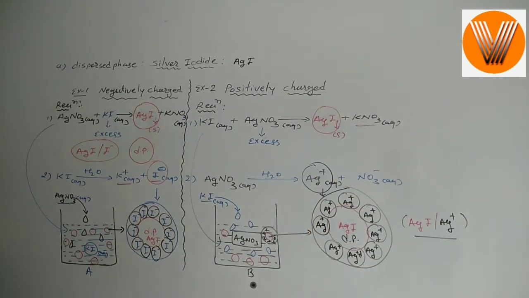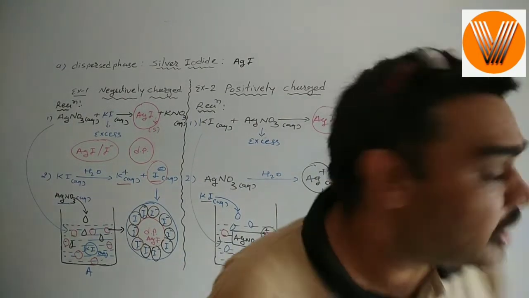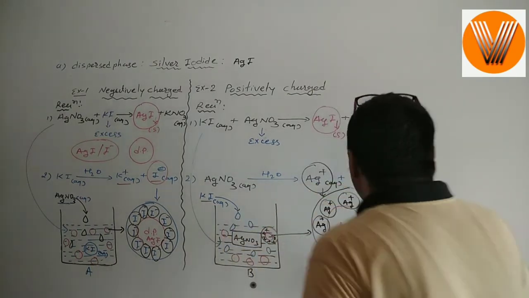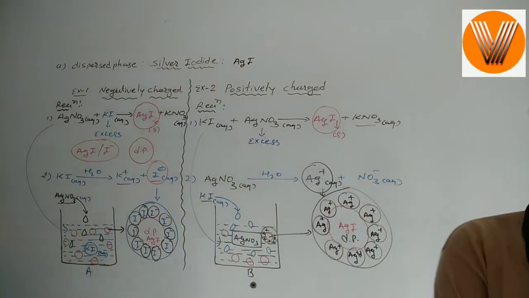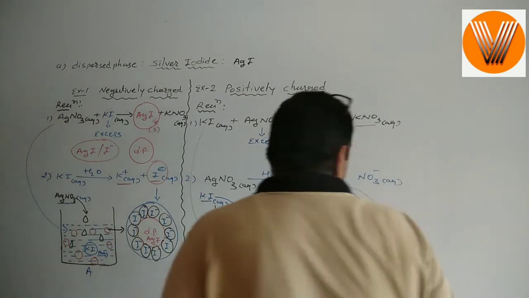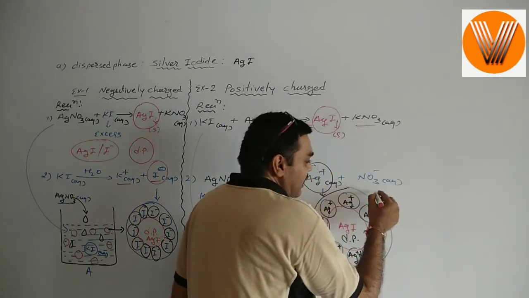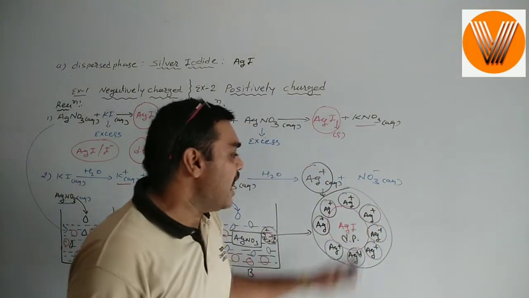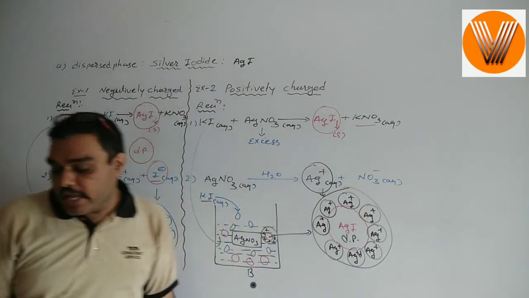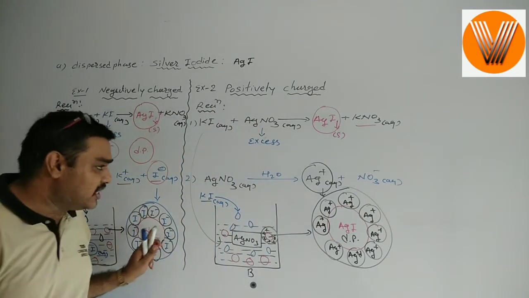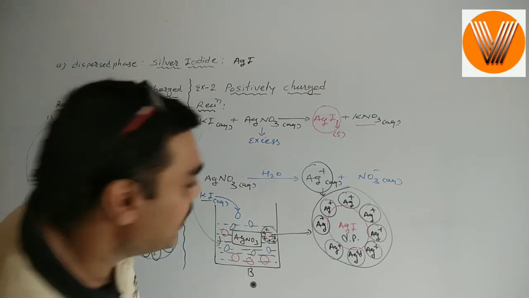Now the second thing you can understand with the same example: not only is one layer formed on the surface, which is called the fixed layer, but a second layer as well. Suppose we go with this earlier example.